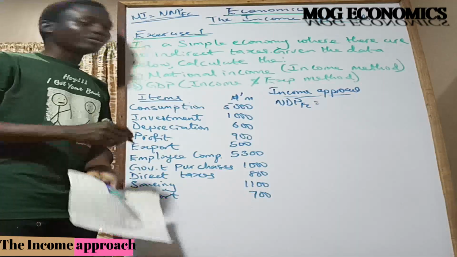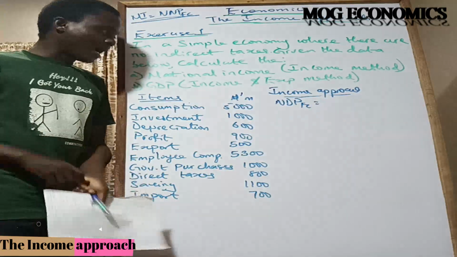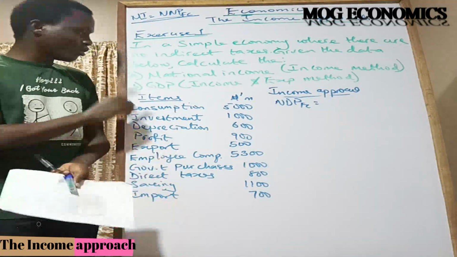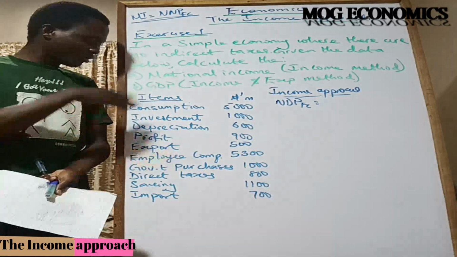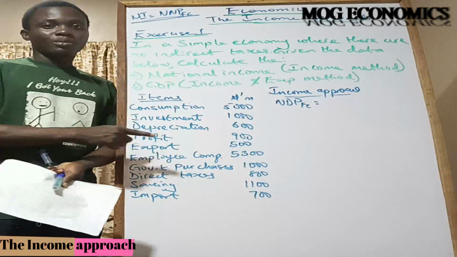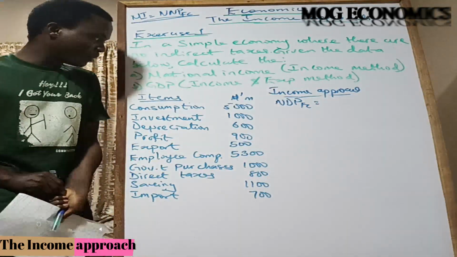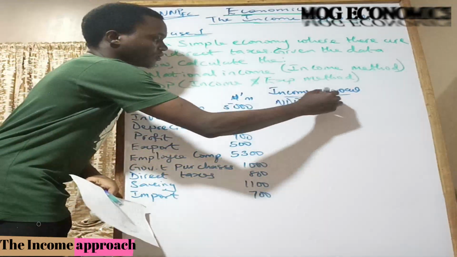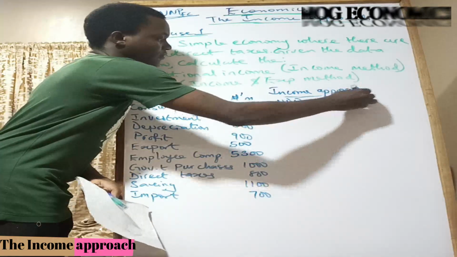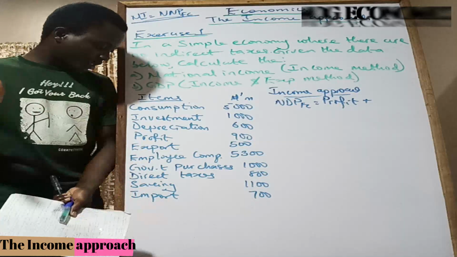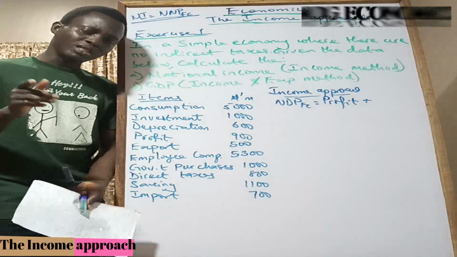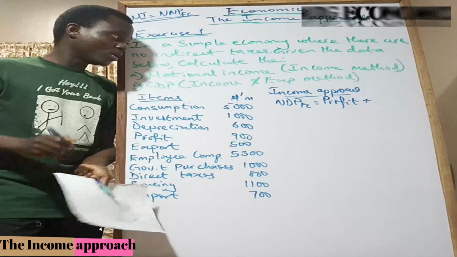So what do we do to get NDP at factor cost? What are rewards to the factors of production from what we have here? Consumption, no. Investment, no. Depreciation, no. We have profit. Profit is the reward for enterprise, so we are picking profit. Exports, no. Employee compensation, yes, that's the reward for labor.